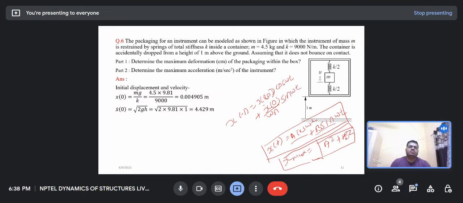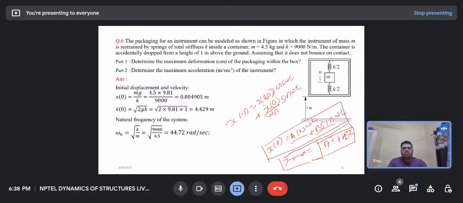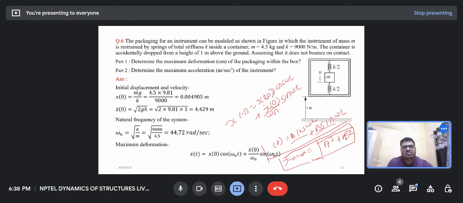So this is your maximum deformation. With the natural frequency you can calculate the maximum deformation, which is our equation, the same equation.